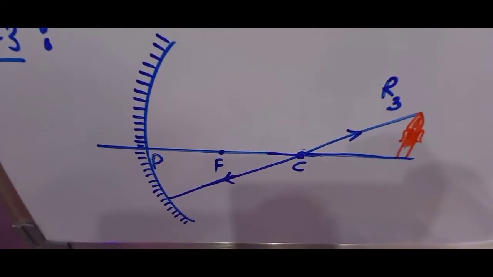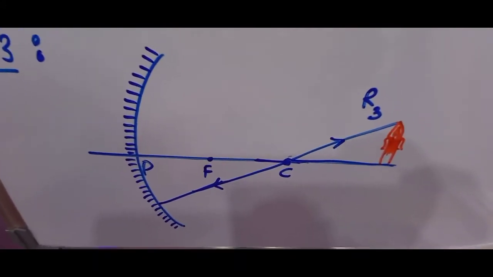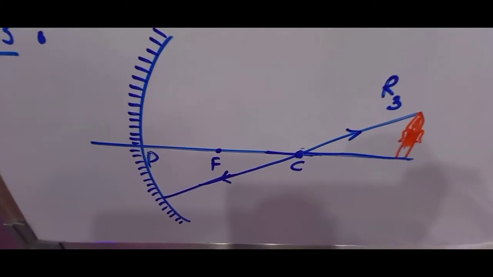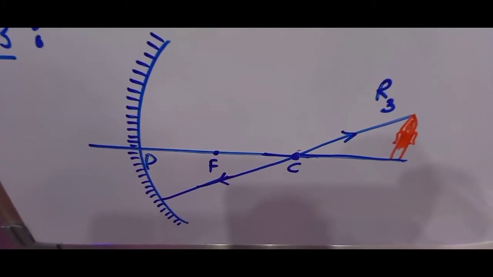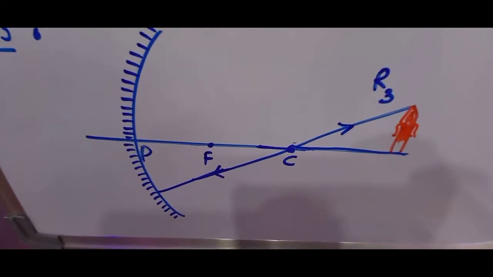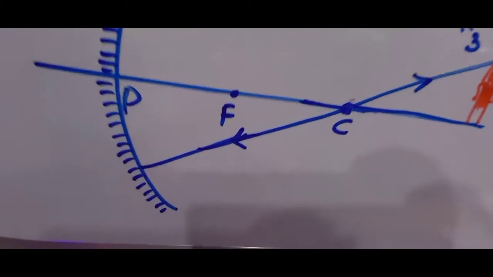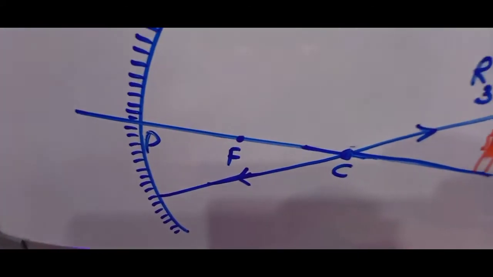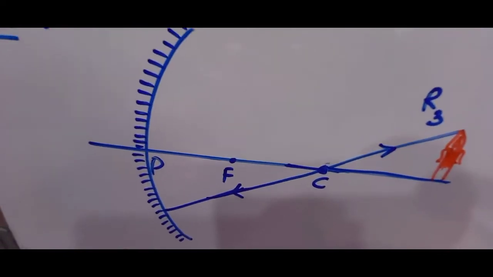Why is it passing through the same line, children? Because this R3, the incident ray number 3, is passing through the center of curvature. The center of curvature can be said to be the normal, because the line connecting one point on the mirror surface to the center of curvature is the normal for that mirror.